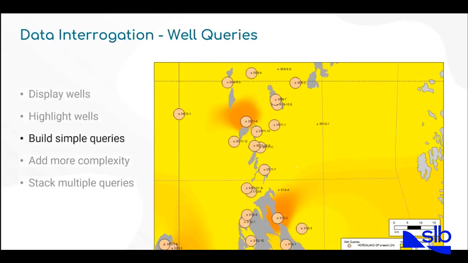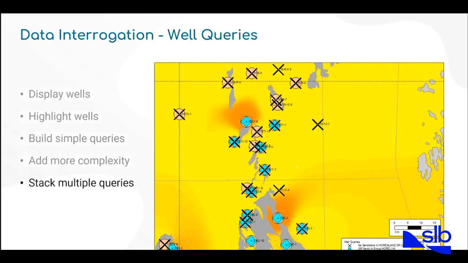So of all of these, highlight the wells that have Hordaland group present. And you can see we have some wells that are still visible, but they don't have that orange highlight on them. So those are very simple queries, but you can stack them up and add multiple queries to the database, to the map, so that you can see the wells that are going to be useful to you and are going to help you generate the grid, for example.